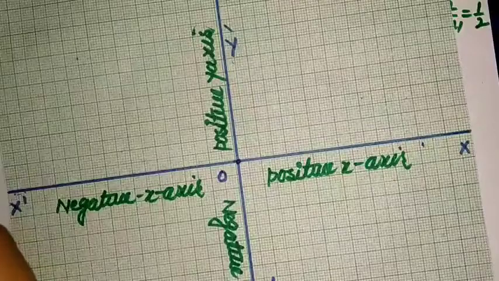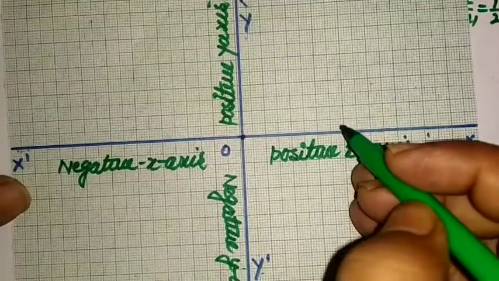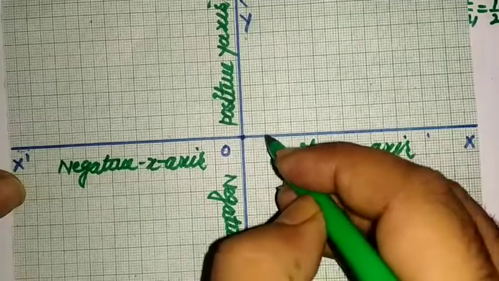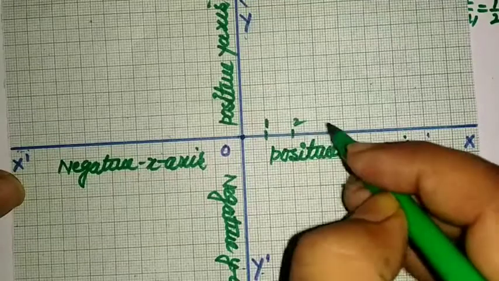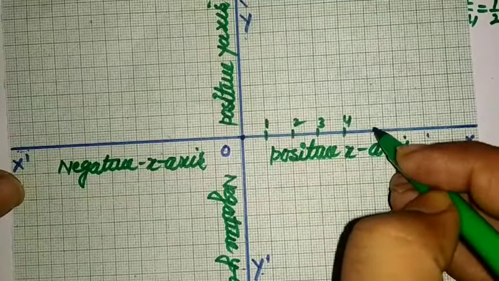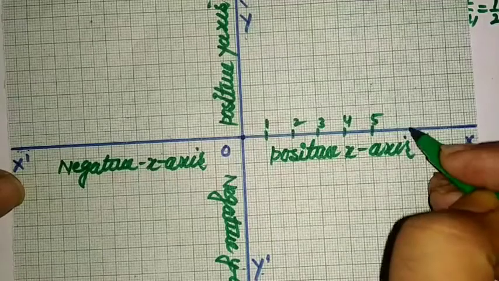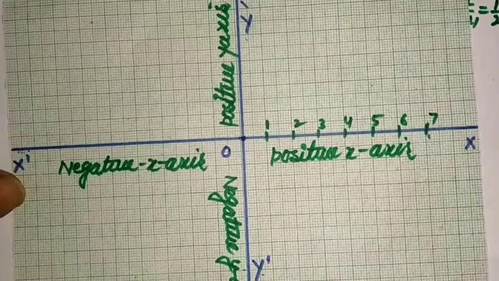So if we put numbers here, first we write 1, 2, 3, 4, 5, 6, 7, isn't it?